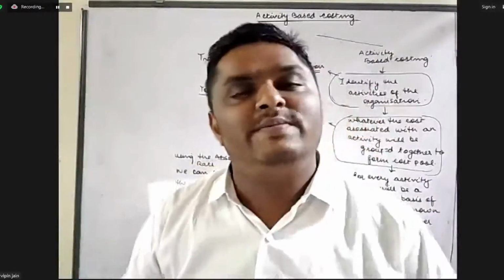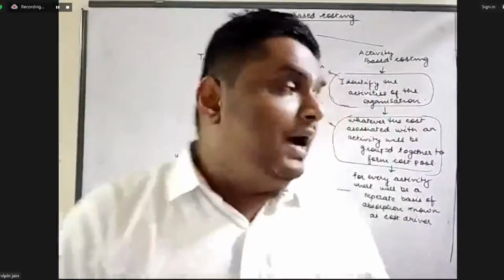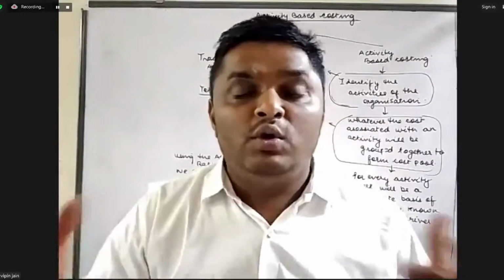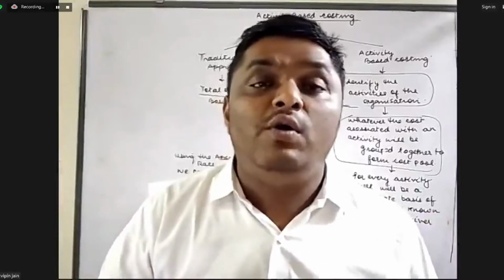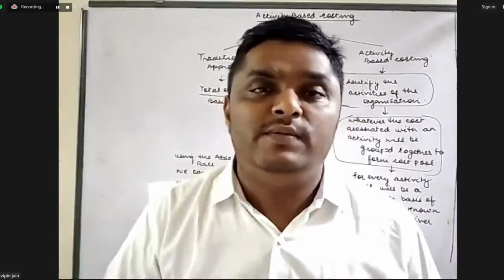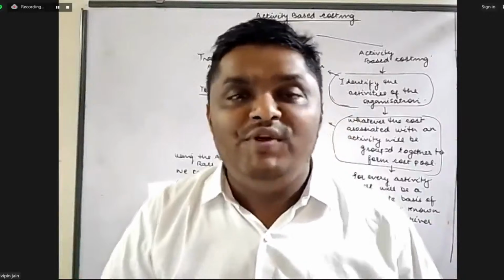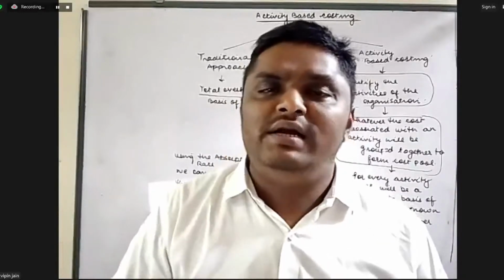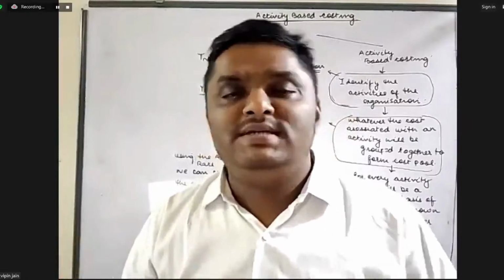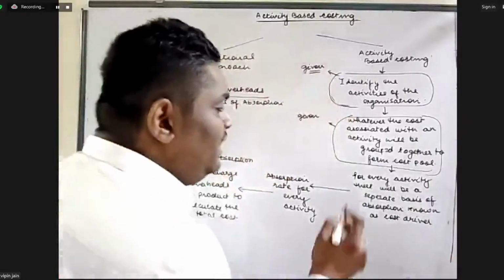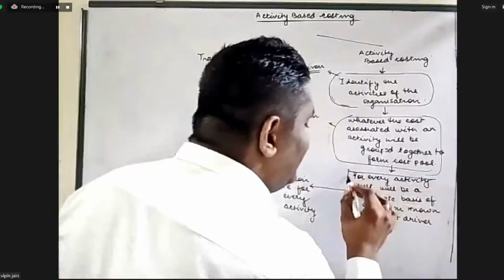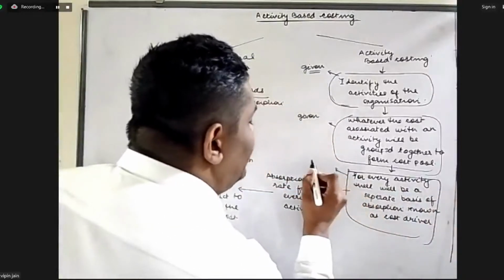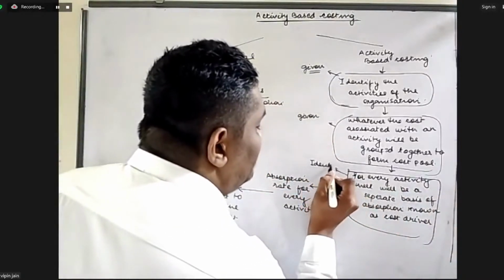Again, sometimes the question will be silent, so you have to use your mind a little to figure out what the basis of absorption of an activity could be. It will come with practice. Gradually, when you solve 5 to 6 questions, you will be able to understand what the basis of absorption of each activity is. So for every activity, there will be a separate basis of absorption. I'm writing: you have to identify.